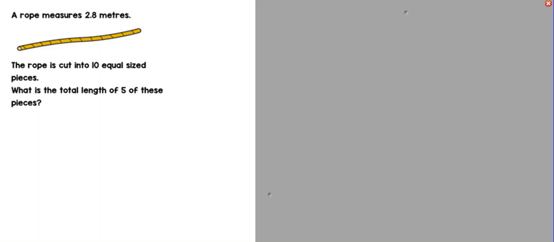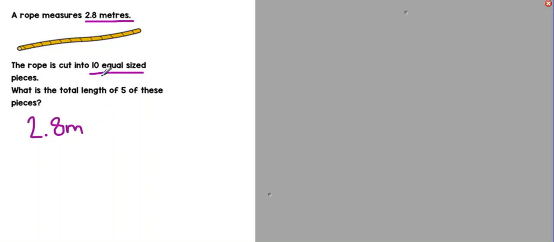Let's have a look at this one. A rope measures 2.8 metres. The rope is cut into 10 equal sized pieces. So what is the total length of 5 of these pieces? So you've got 2.8 metres, and it's cut into 10 equal sized pieces.